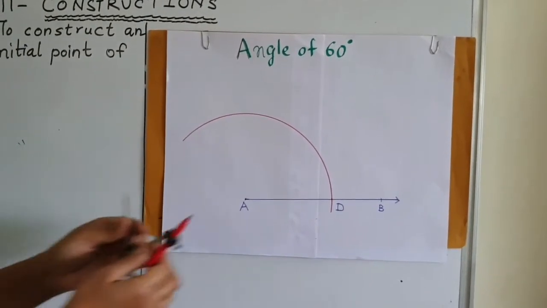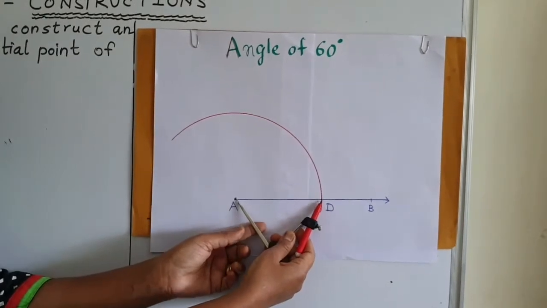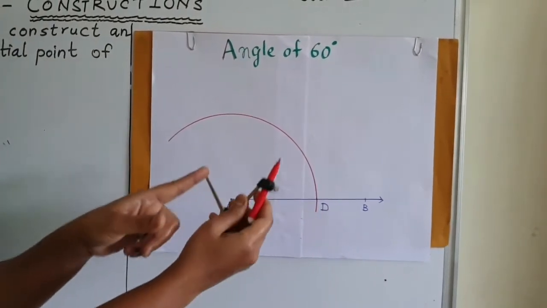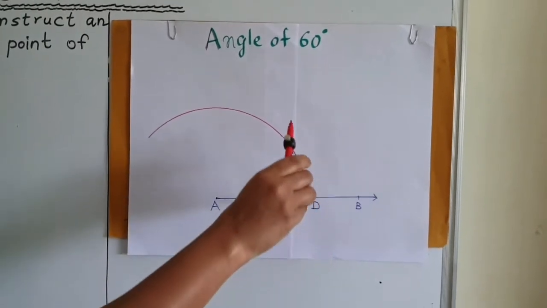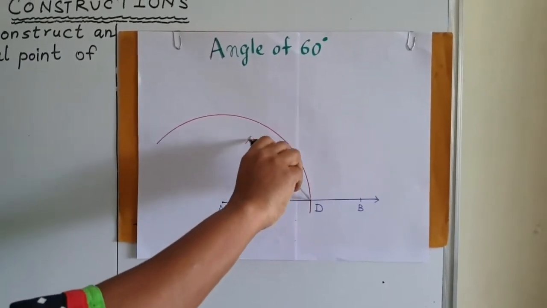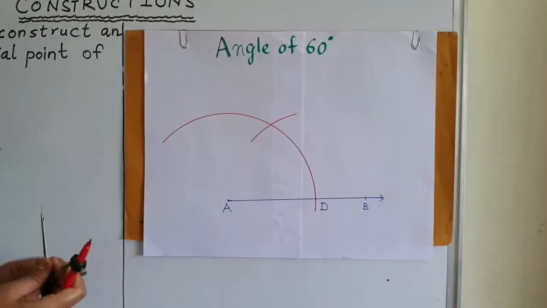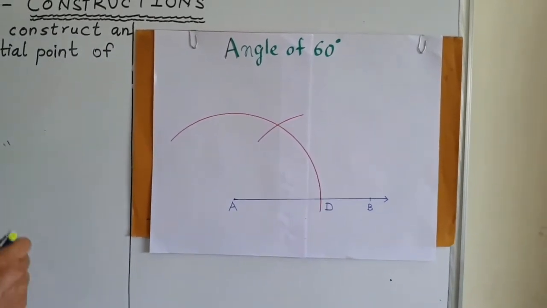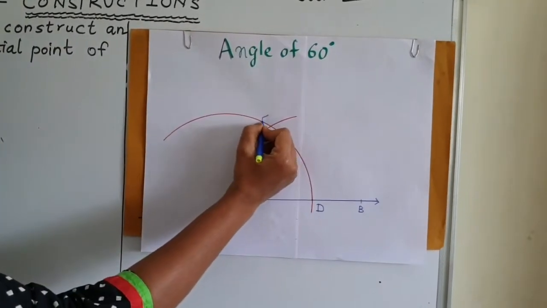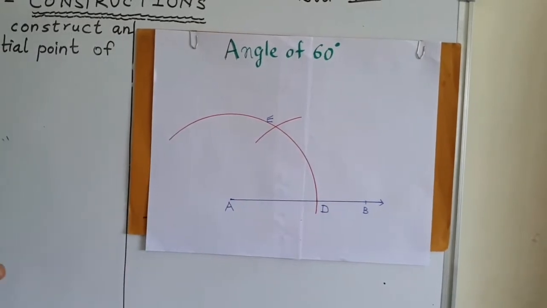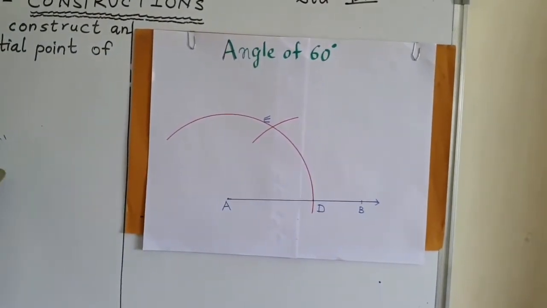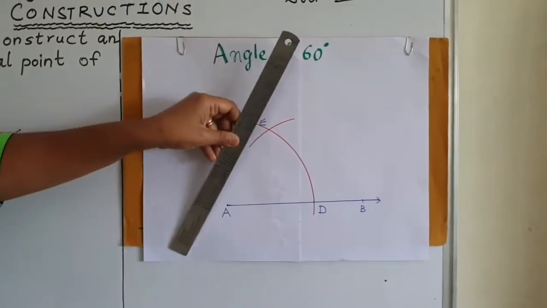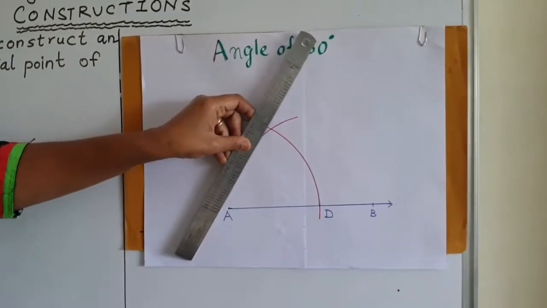Now, with the same radius AD and D as center, draw an arc which will cut the previous arc at E. Then join AD and join AE.